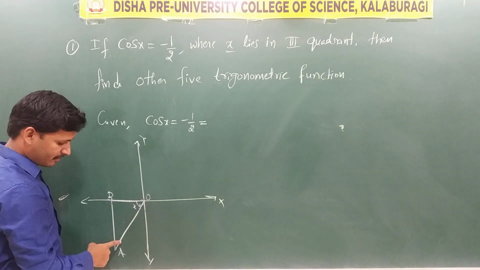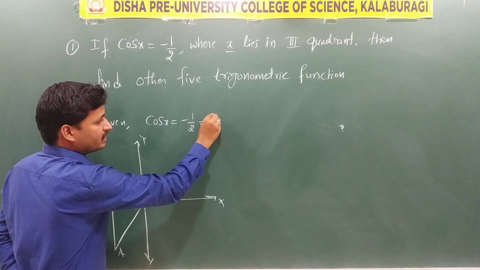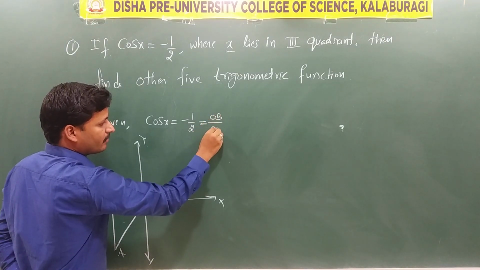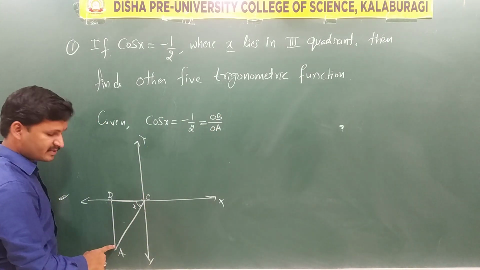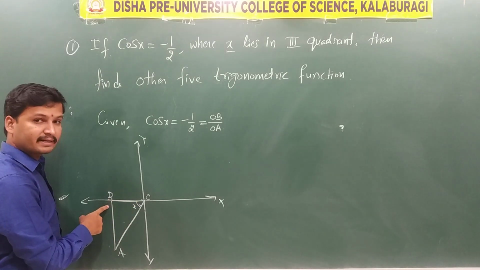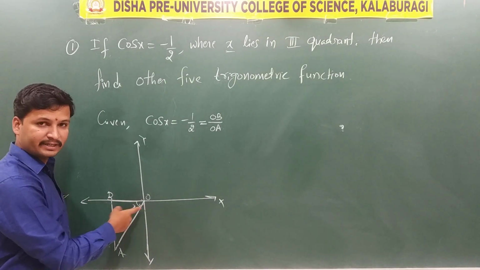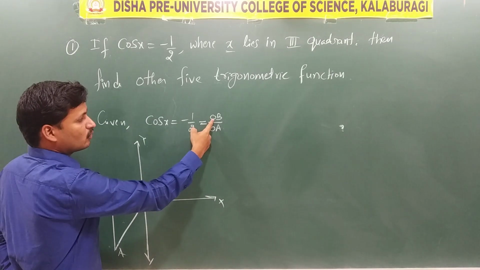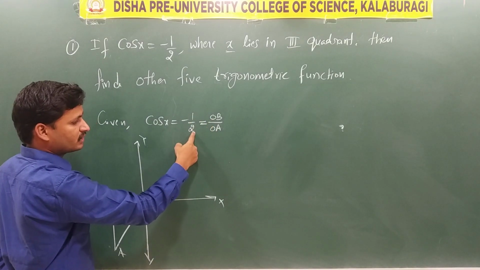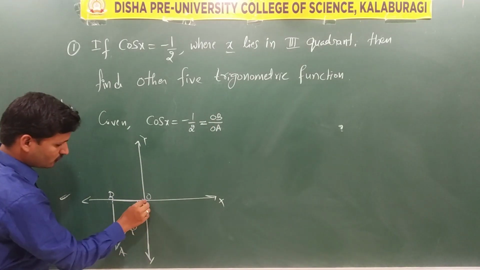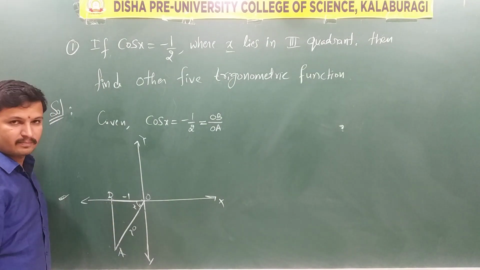OA is always positive, OB is negative because it is along the negative x-axis. So OB is equal to minus 1 and OA is equal to 2.